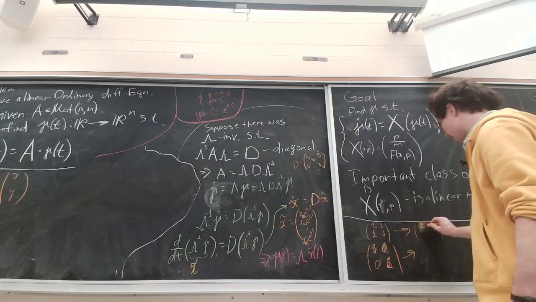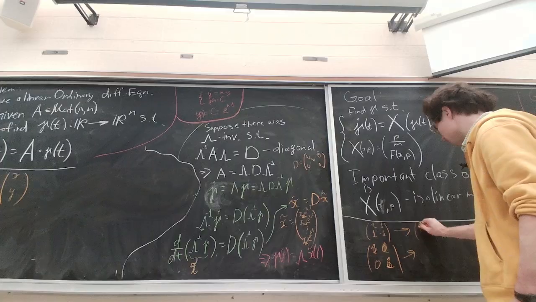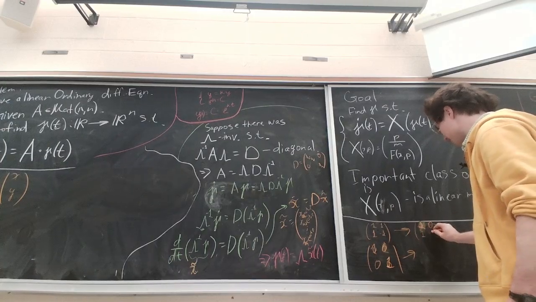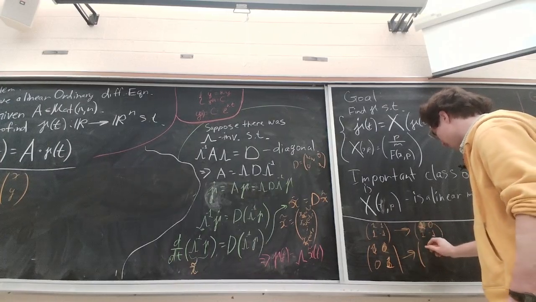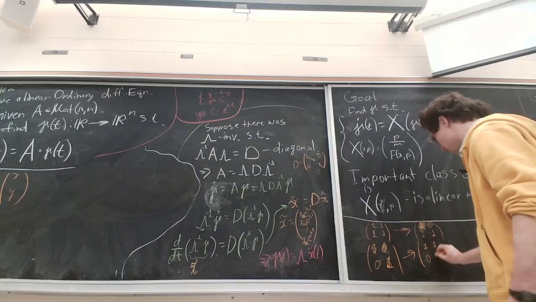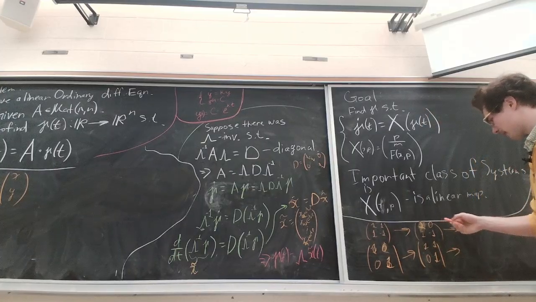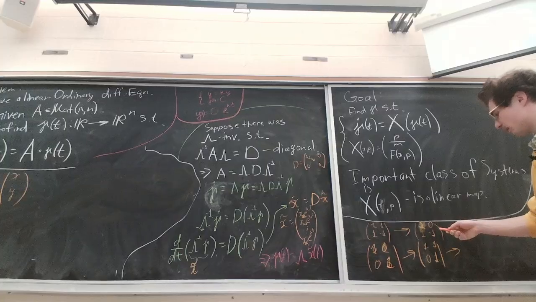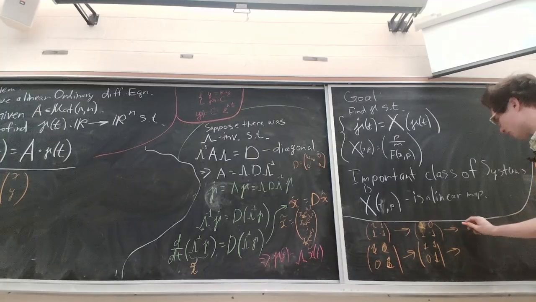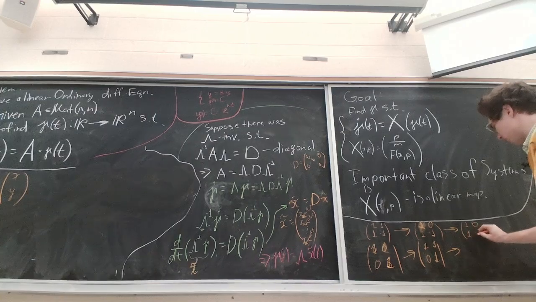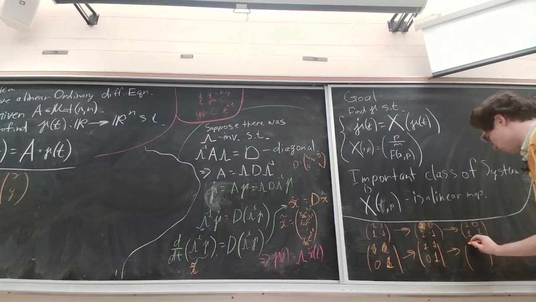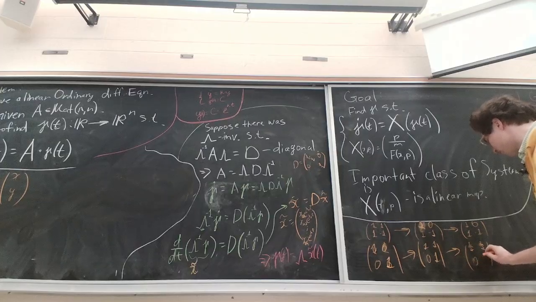So I have 2, 0, 1 minus 1. So this is going to be 1, 1, 0, 1. Okay, good. Then I want to divide the first row by 2. Divide the first row by 2: 1 half, 1 half, 0, 1.